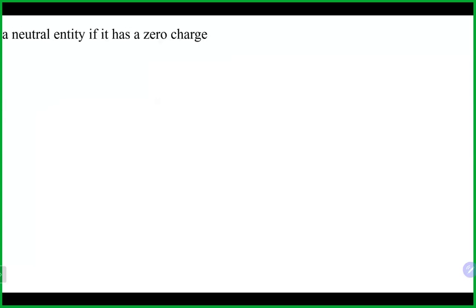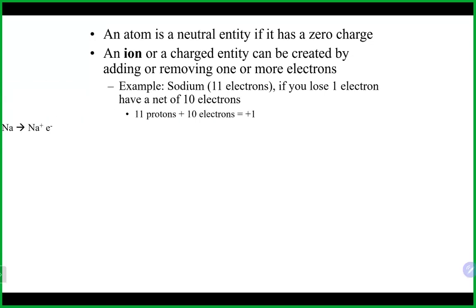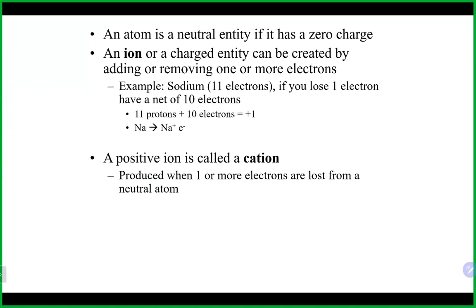So we touched upon it when we were doing our electrons, but a reminder that an ion is basically something that has a charge. And as we saw when we were talking about electrons, protons, and neutrons, it is the electrons that change to give somebody a charge. So there are cations and anions.